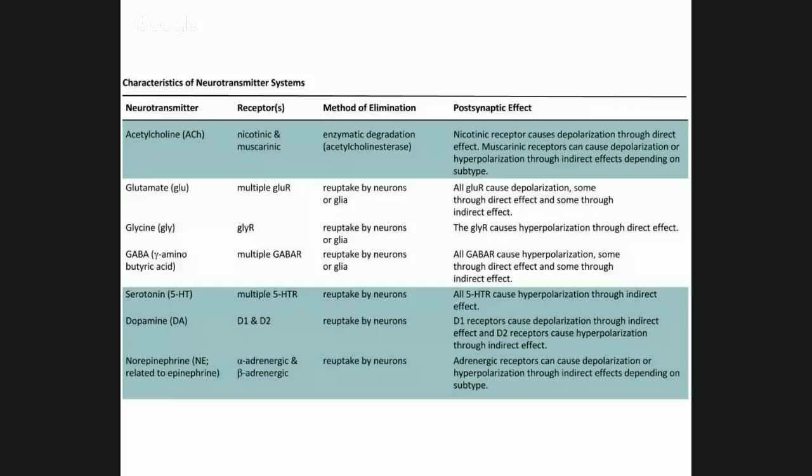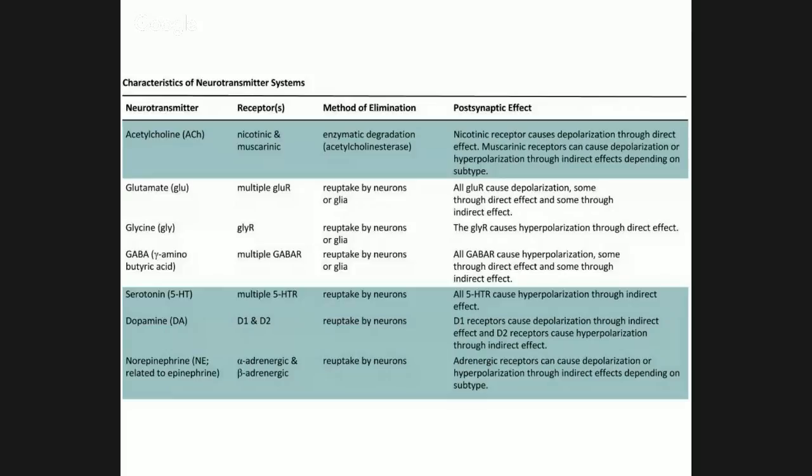Now, in the next region here, we have three different neurotransmitters, and they're grouped together in sort of the unshaded part of the table because they are all amino acids. Now, acetylcholine is kind of a unique system, so we just call it the cholinergic system.